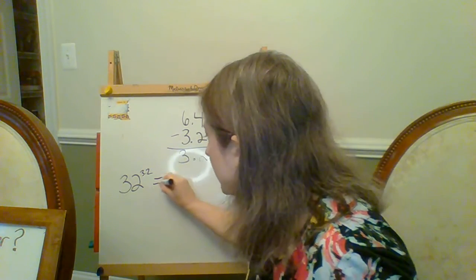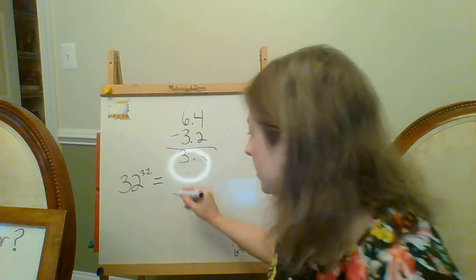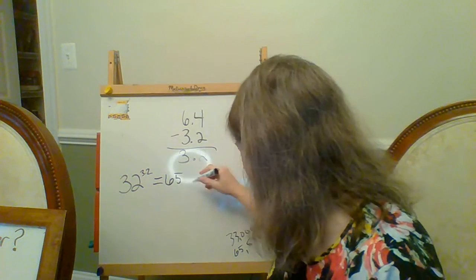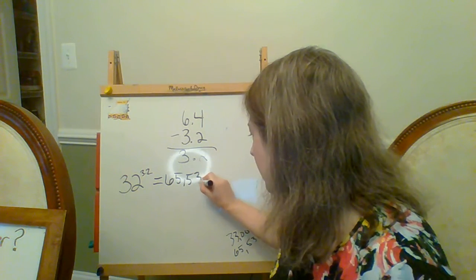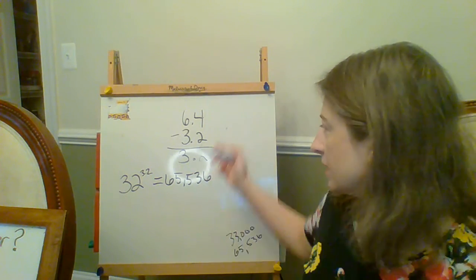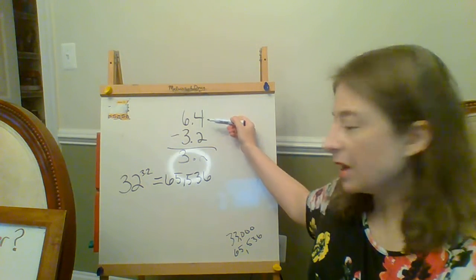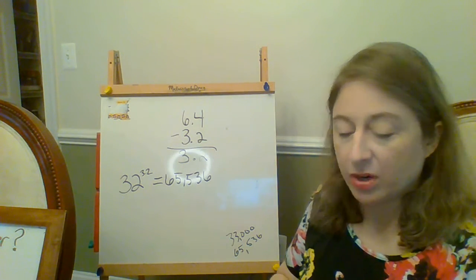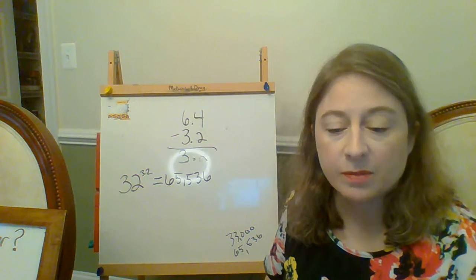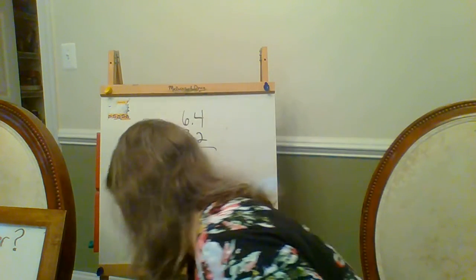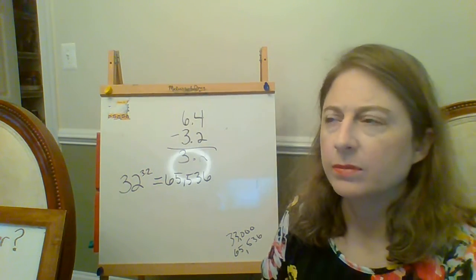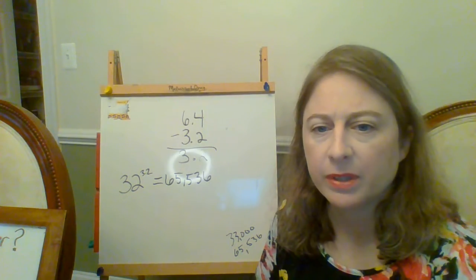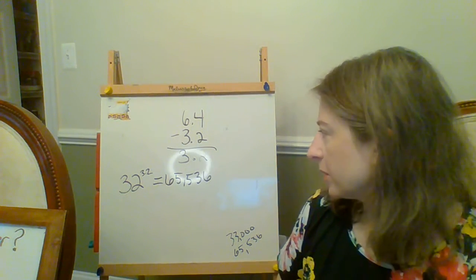So 32 raised to the power of 3.2 is 65,536, meaning the DC earthquake was 65,000 times stronger than the smaller earthquake that I felt probably 18 years ago in Annapolis, which was a 3.2.